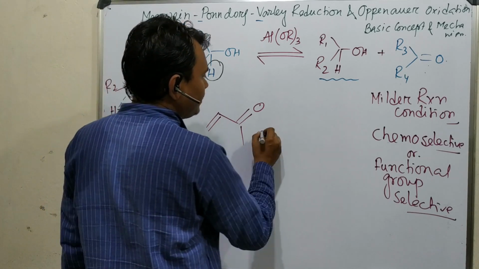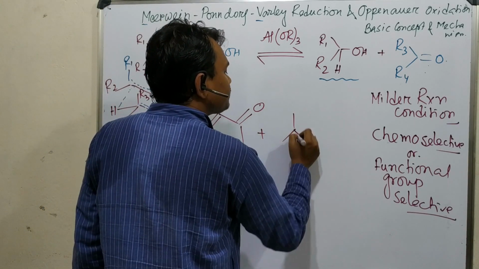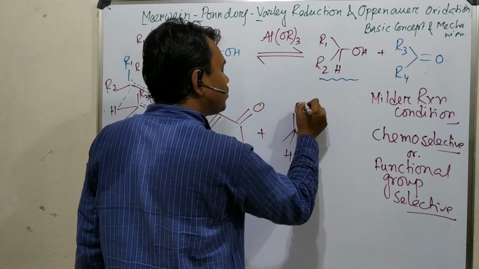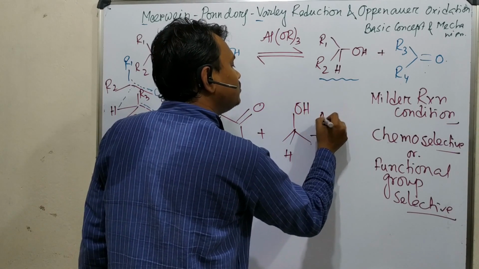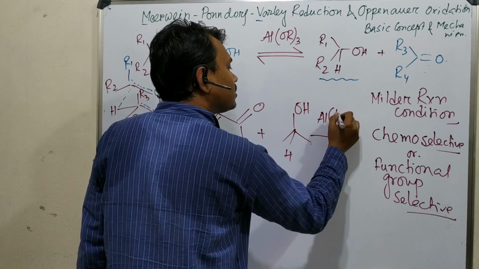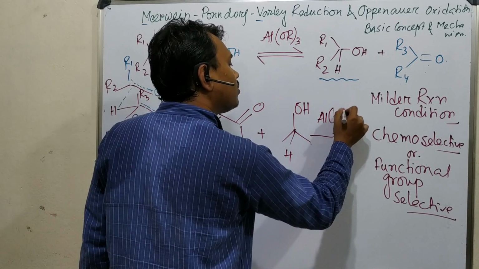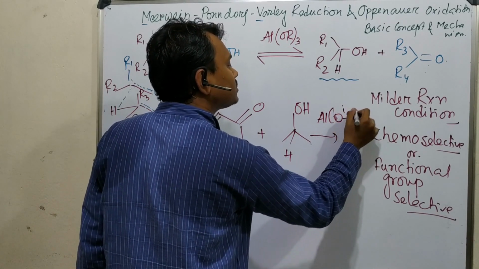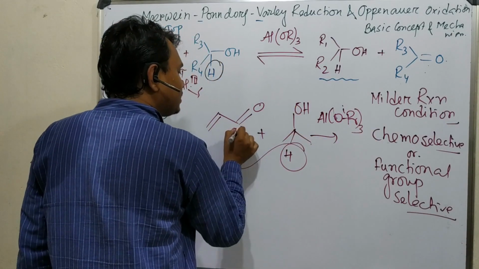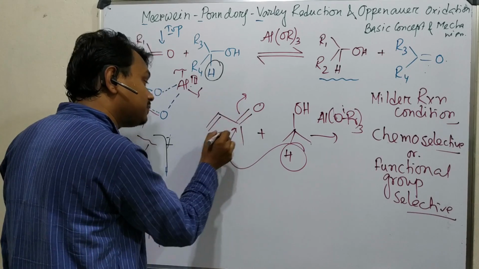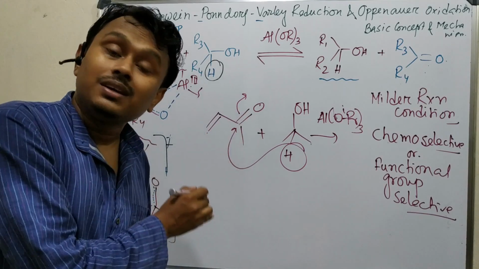So if you react it with a secondary alcohol, for example aluminium isopropoxide, thrice, what will happen? It will transfer and form alcohol selectively, with no hydride transfer elsewhere.